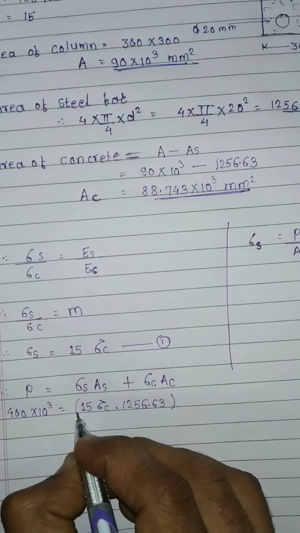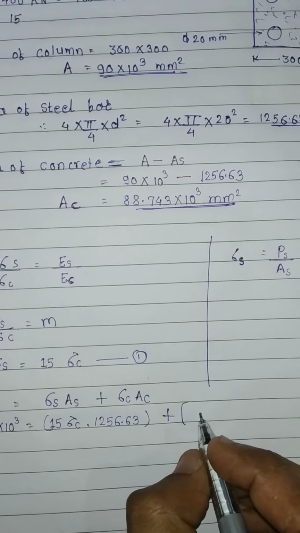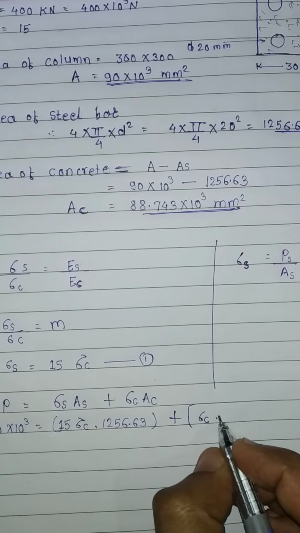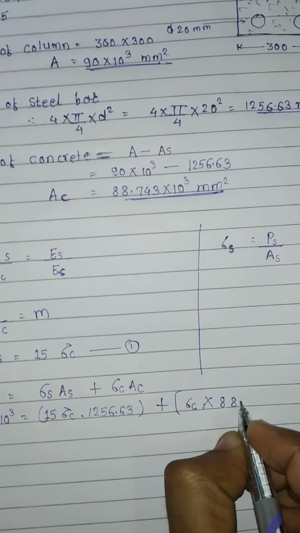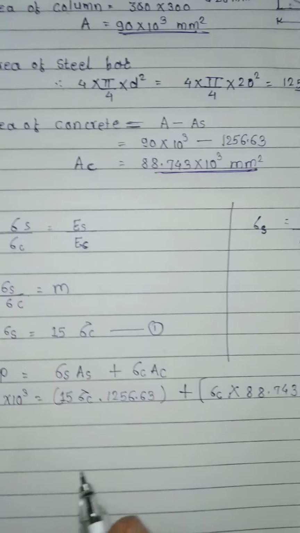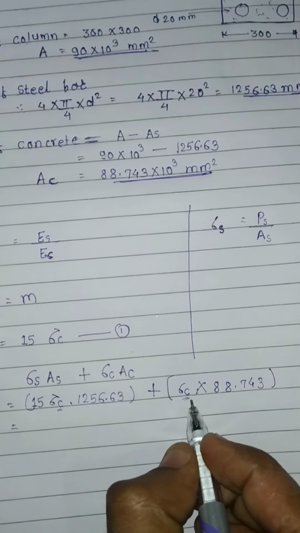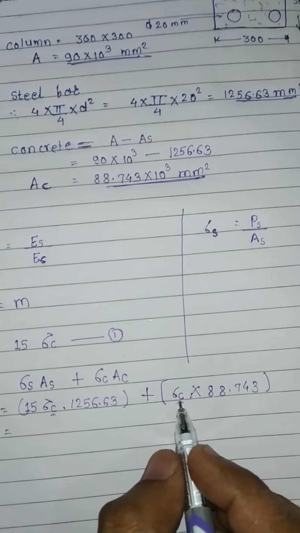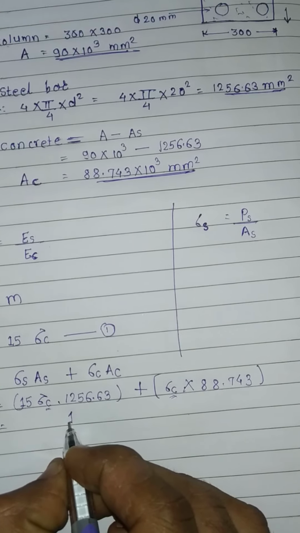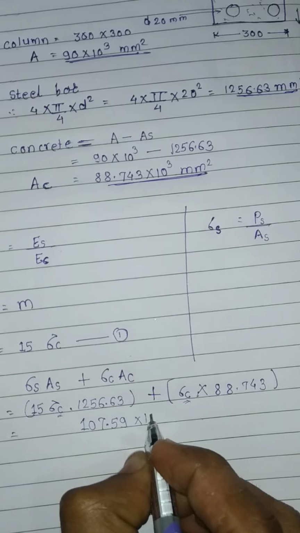As is equal to 1256.63 plus, there is no value of sigma c, it is constant, and area of concrete is equal to 88.743. Calculate this value. Sigma c is common, so you calculate 107.59 into 10 raised to 3.